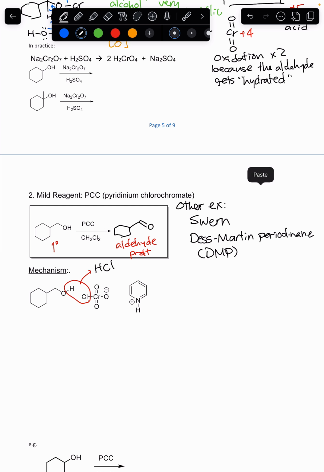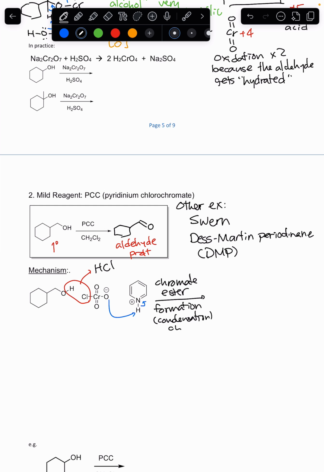Besides that, we could say that the chromate could pick up the proton to reveal pyridine. So I'm kind of doing two different things at the same time just to save space. Here's another condensation again.